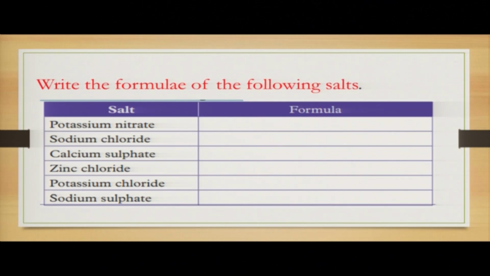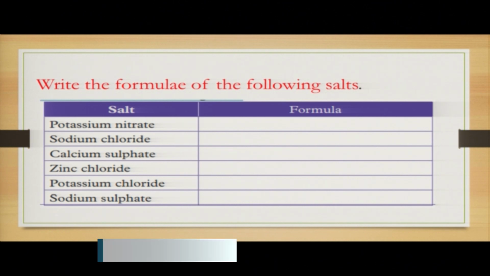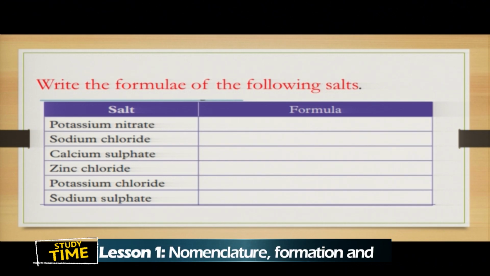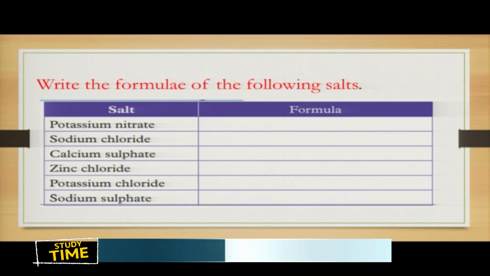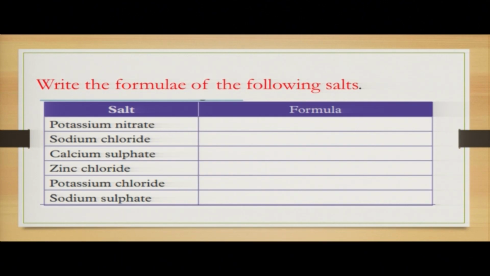So we have potassium nitrate. This is how we write potassium nitrate. We have sodium chloride. This is the formula for sodium chloride, the table salt, which I hope everybody knows.